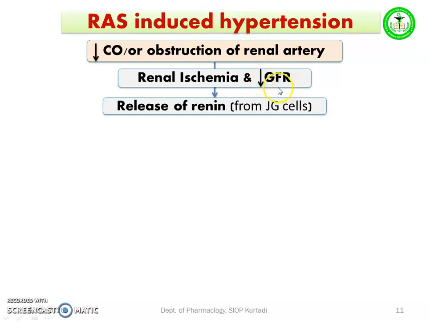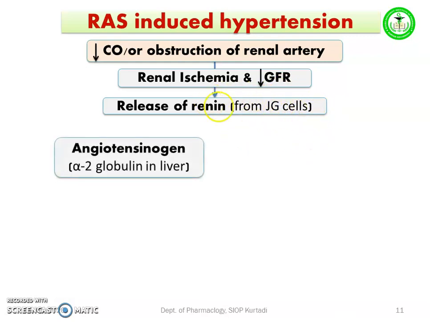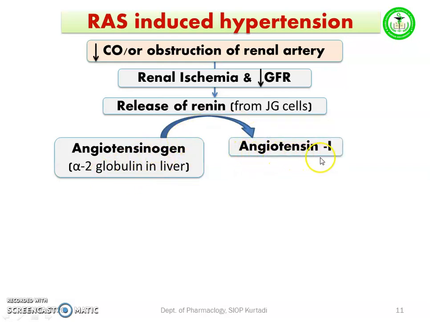Due to the renal ischemia and decreased glomerular filtration rate, the extraglomerular cells of kidney release a proteolytic hormone called renin. This renin further enters into the circulation and in the liver it acts on angiotensinogen, which is alpha-2 globulin, that converts into angiotensin 1 in presence of renin.